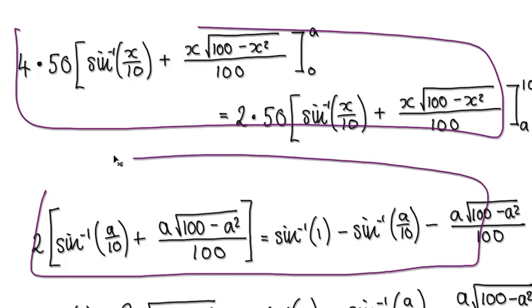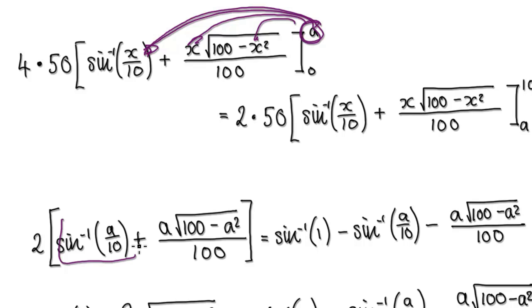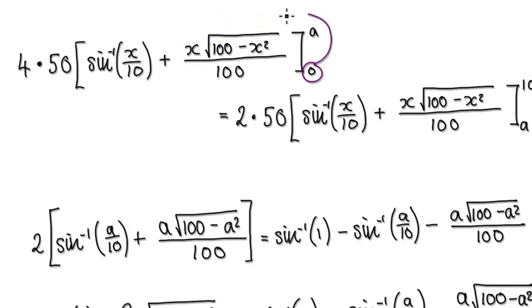So now if you look at this, hang on, if you put the A into here, and the A into here, and into here, so if you put the A into here, that would give you this. Put the A into here, that would then give you this. And then don't forget, you've got a minus, and then you put this into here, and put 0 into here.